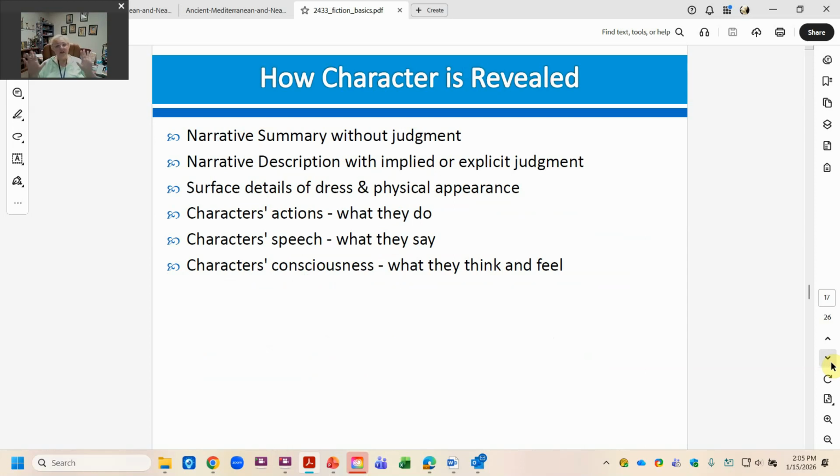Or they could just be giving a very objective description. So think about, how is that character described? And is that description tinged with any kind of judgment? You can also look at surface details of their dress and physical appearance. What do they look like? How do they comport themselves? Do they always have stains on their clothes?